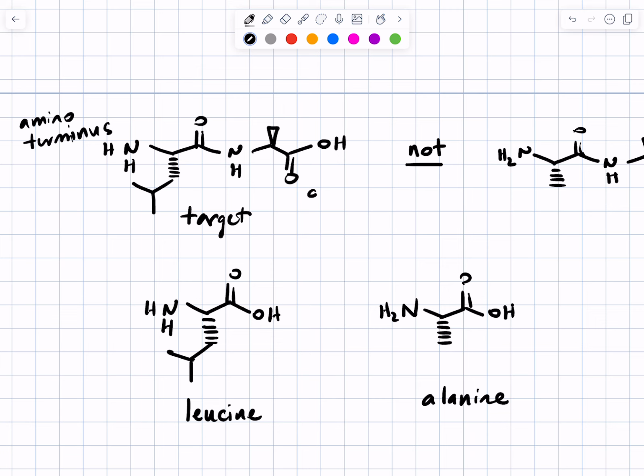And this is called the carboxy terminus or the carboxylic acid end of the molecule. Often people will just say N terminus. N is for amino group, and they will say C terminus. Terminus is how you say end, singular. If you're talking about multiple ends, the C and N termini.